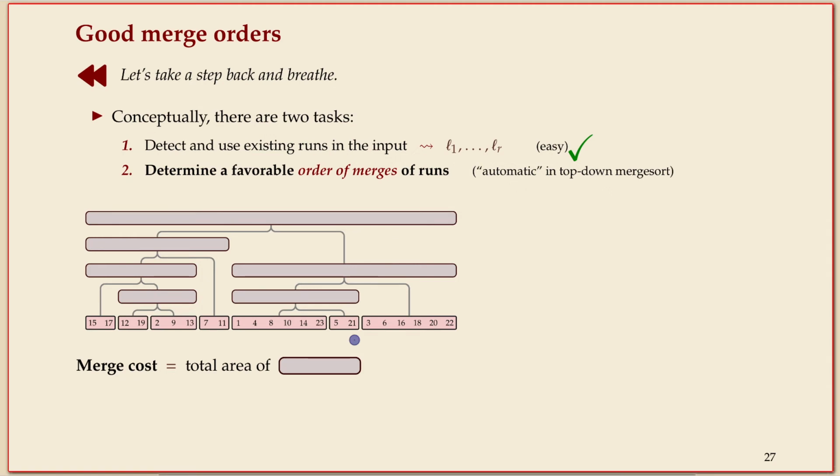Now, any order of merges at the end of the day will look like this. In other terms, it is a binary tree. Every merge replaces two runs with a longer run and can itself be used in more merges. So it's nodes that have a left and a right child, the first and the second run.